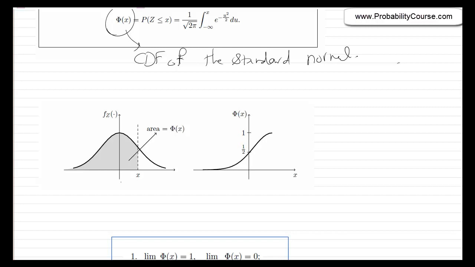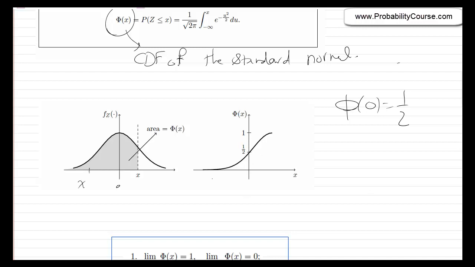First of all, because there is symmetry here, if you integrate until point 0, the integral must be equal to 1/2, because the total area is 1, so half of it is going to be 1/2. So we conclude that Φ(0) is 1/2.